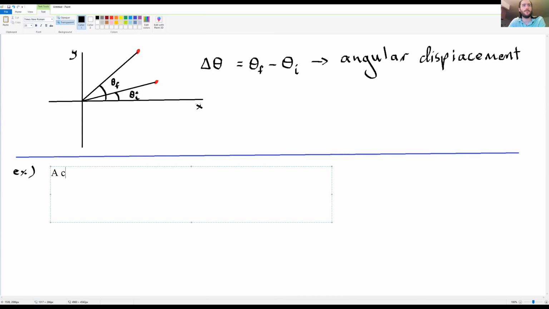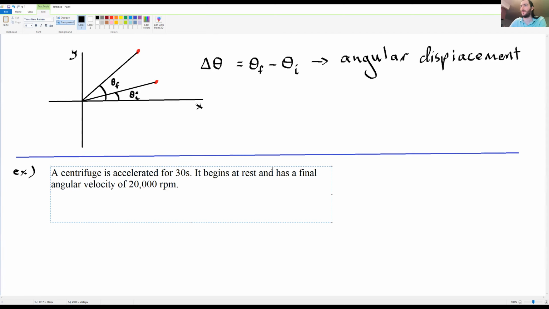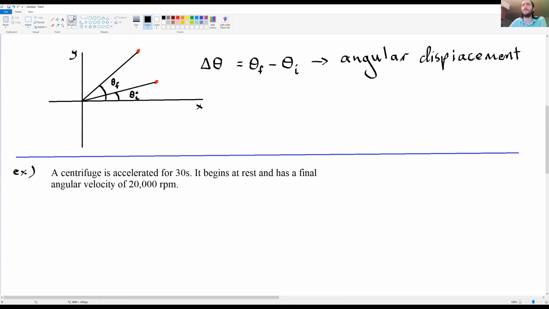So a centrifuge is accelerated for 30 seconds. It begins at rest and has a final angular velocity of 20,000 RPM. And that's the setup for the problem.